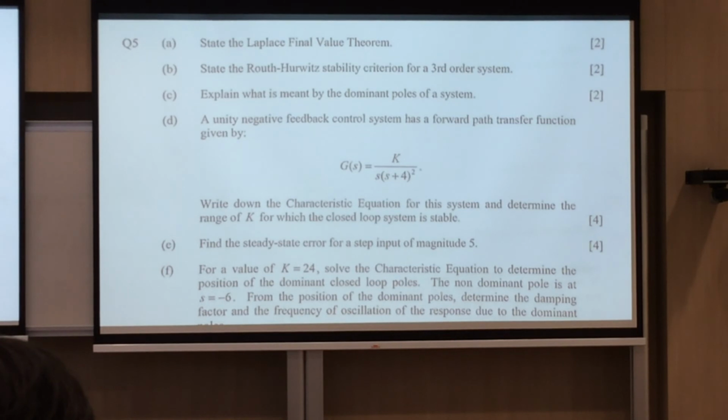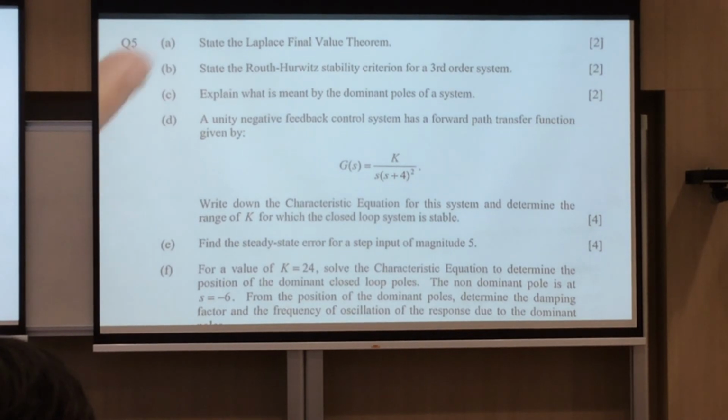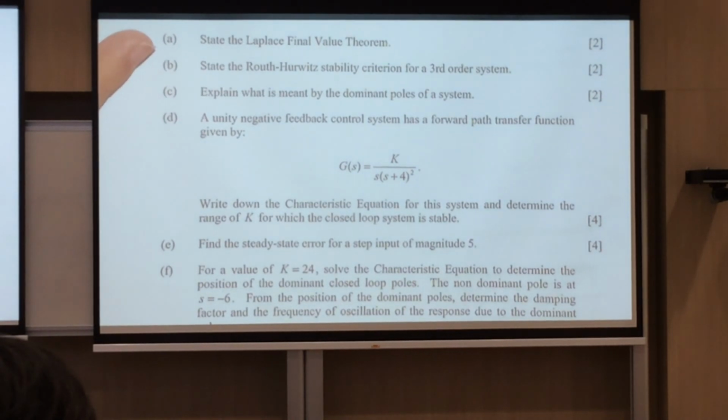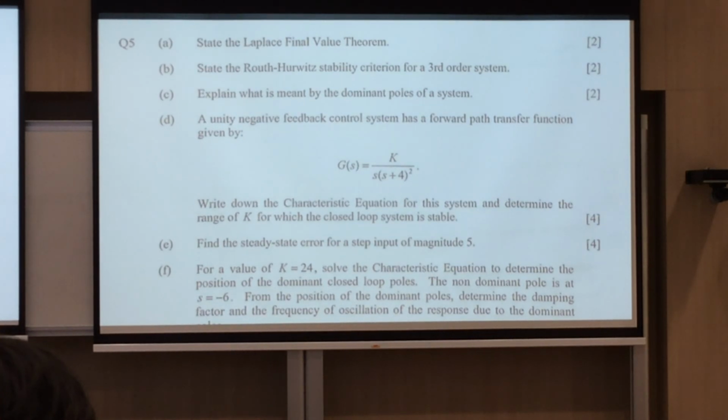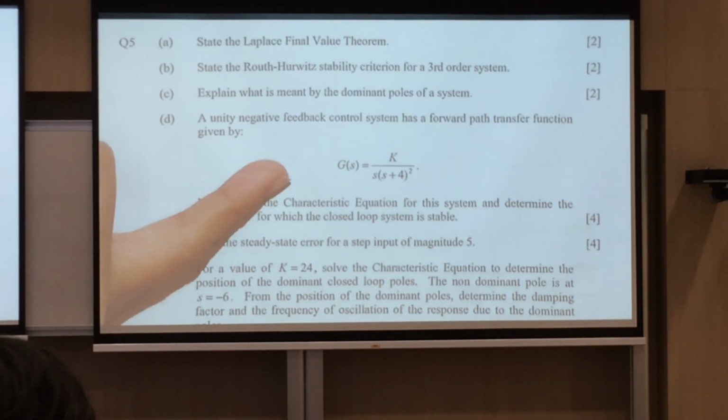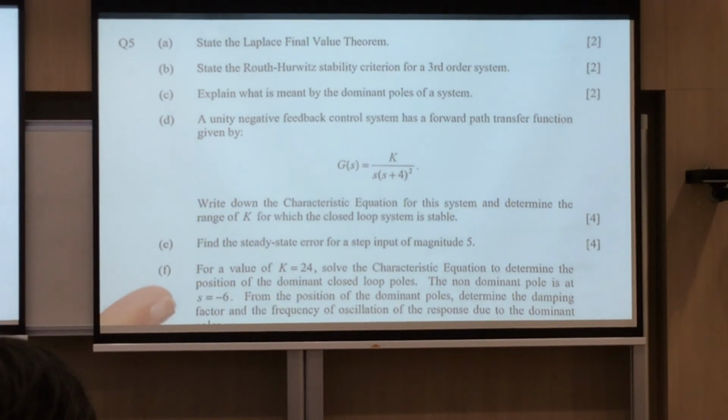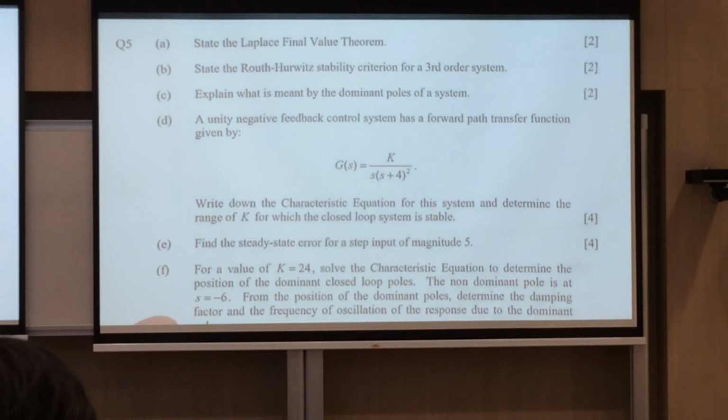Alright? D, straightforward. Anything that's about the gain calculation is very straightforward, okay? E, find the steady state error, so this relates to part A. Okay? Because if you can state the final value theorem, you know the final value of the output. And then you will know the steady state error. F, how do you relate your characteristic equation in terms of position of dominant poles to the behavior of the system?